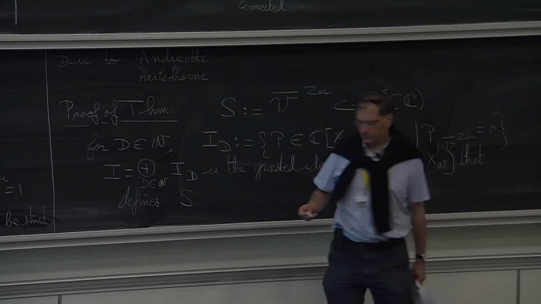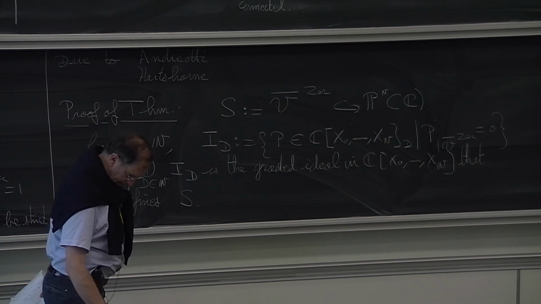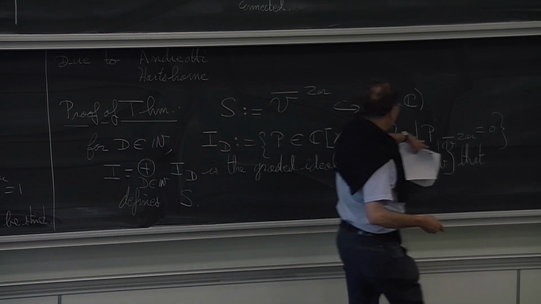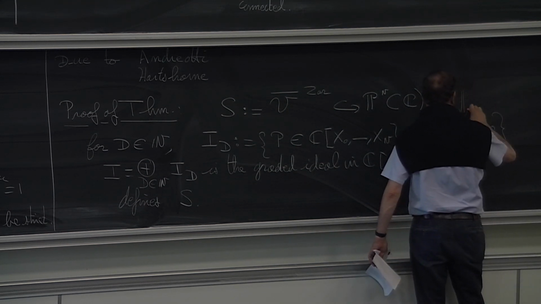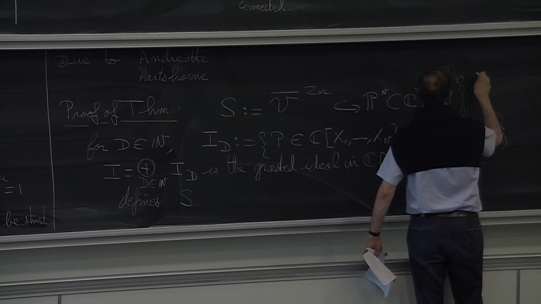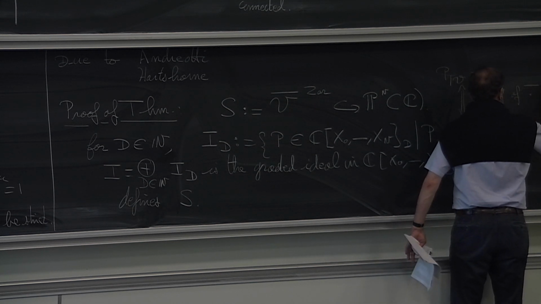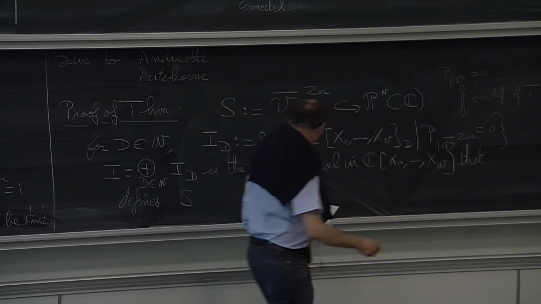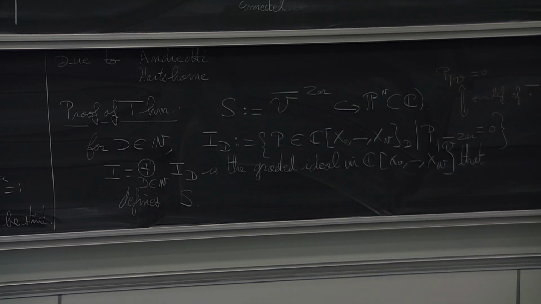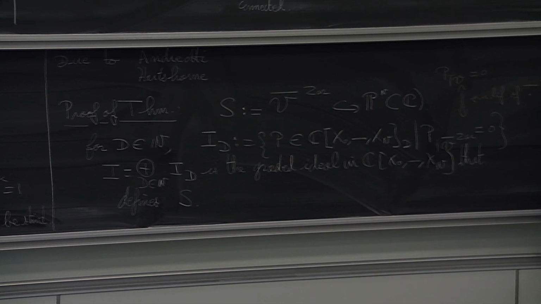Okay, so of course, by the very definition of the Zariski closure, a polynomial P vanishes on the Zariski closure of V if and only if it vanishes on V. So in other words, you may rephrase this definition in another way.